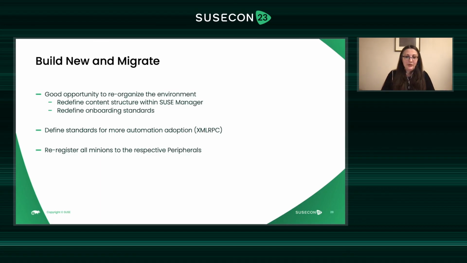So for example, if you have content lifecycle management projects or channel naming conventions that you currently use, now is a good time to look at those and ensure that they make sense for the automated onboarding processes that we're going to use in the future, or we might want to adjust them now so that we can make use of them as we start to automate the onboarding of the future, right? So we're going to have to redefine your onboarding standards, or review and adjust at least, right?